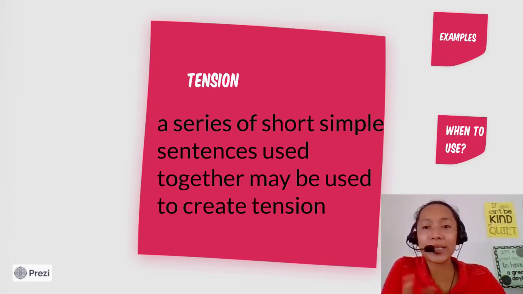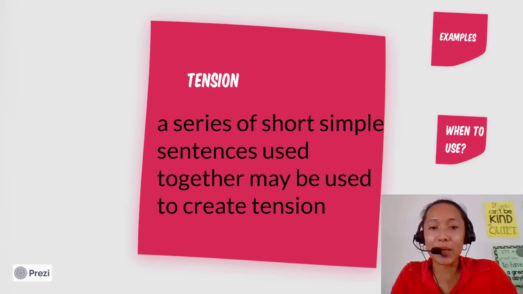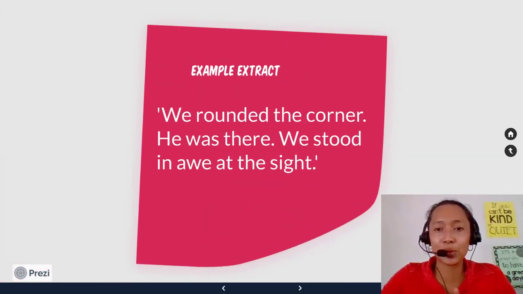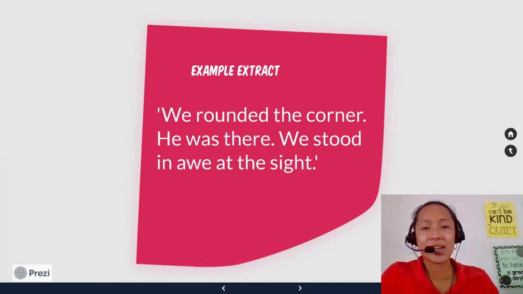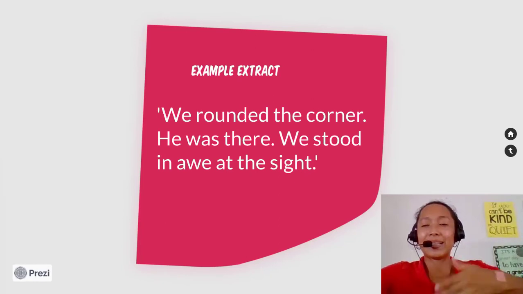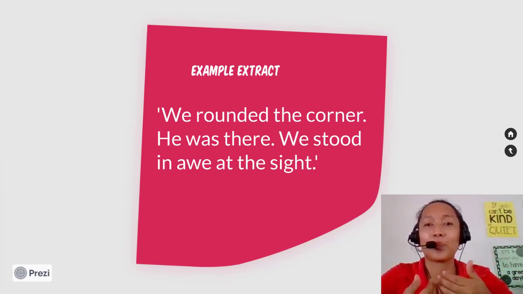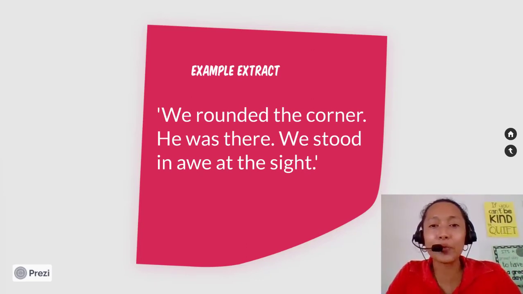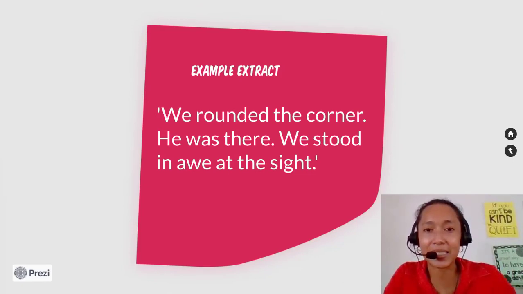So a series of short, simple sentences used together may be used to create tension. Here is an example so that we see how simple sentences can be used effectively rather than making it a drawback to your writing. So let's read. It says, we rounded the corner. He was there. We stood in awe at the sight.